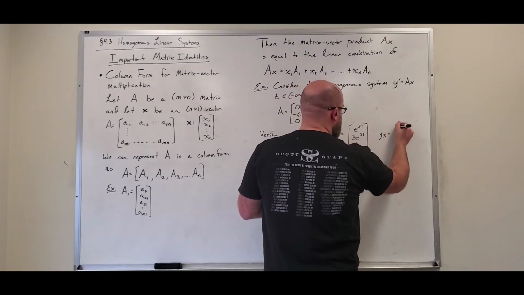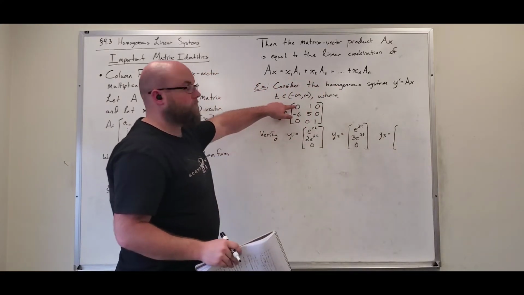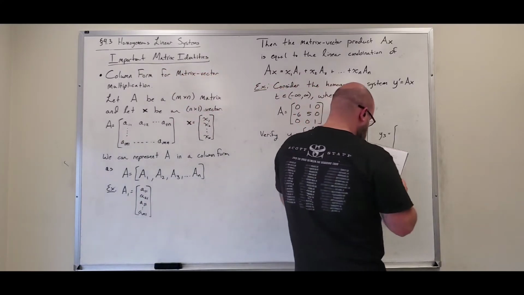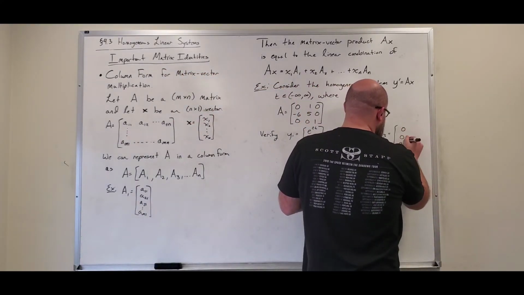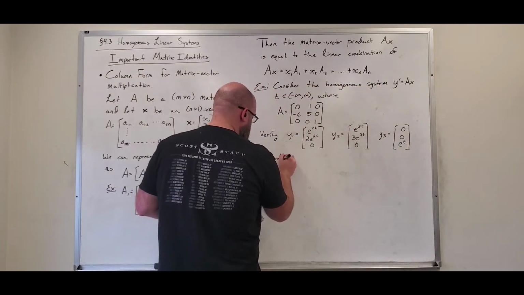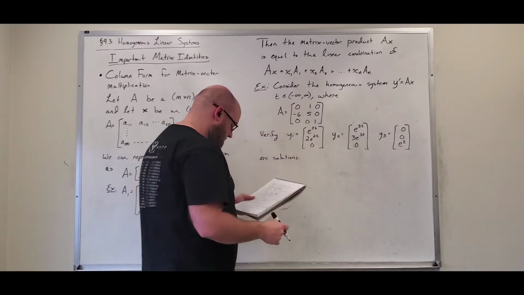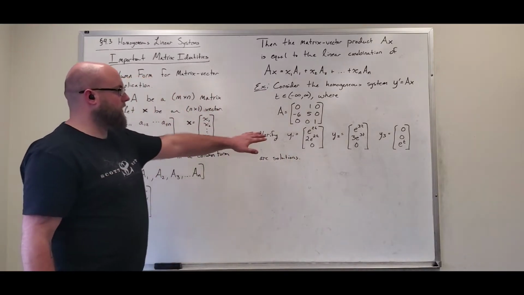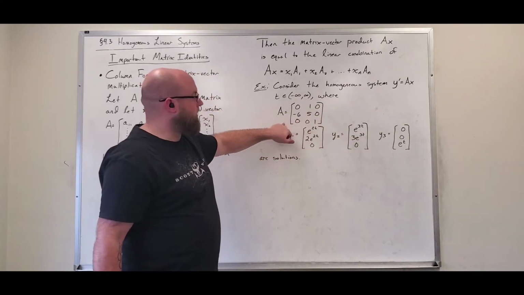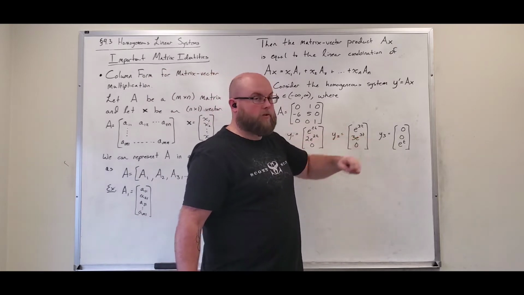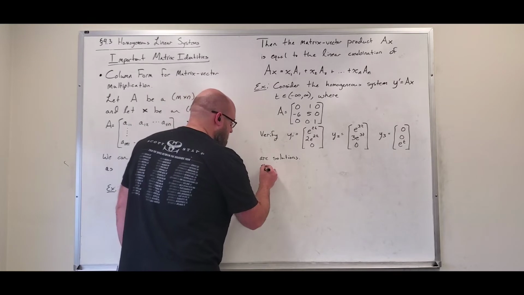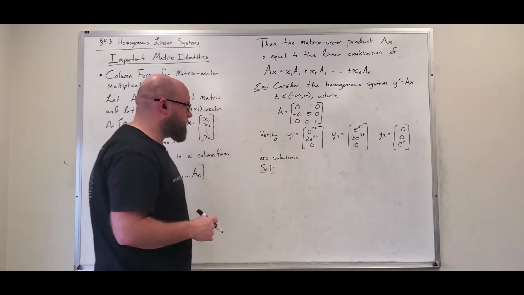And y3 is equal to 0, 0, e to the t. Notice I have a 3 by 3 matrix, so I'm going to have 3 solutions. These are solutions. So when I plug these into our system, multiplying by the matrix, I'm going to get the derivative of each individual one of these out. So let's walk through this process.